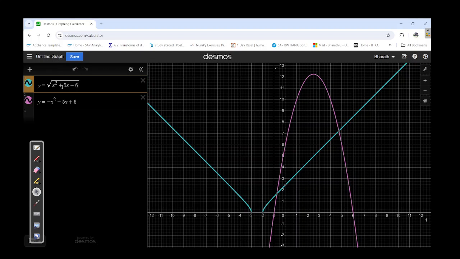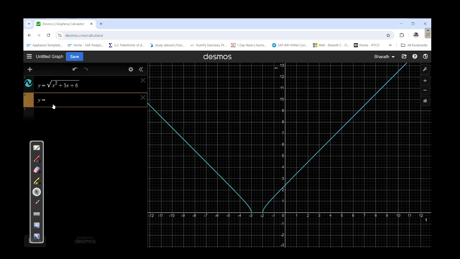You can see the curve starts from 0 and goes all the way to infinity, and on the other side it starts at -2 and goes to 0. Let us put a square root to this function. So this attains a maximum point, and it goes to 0. We're getting 3.5. We'll see why it is 3.5.